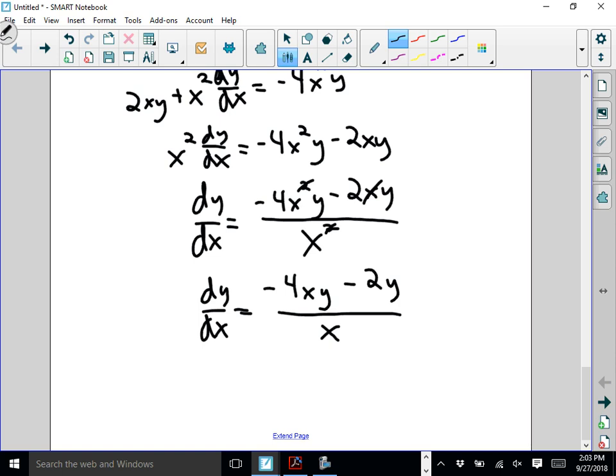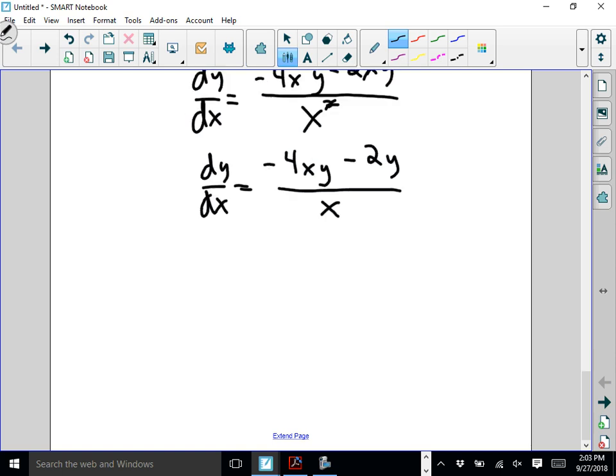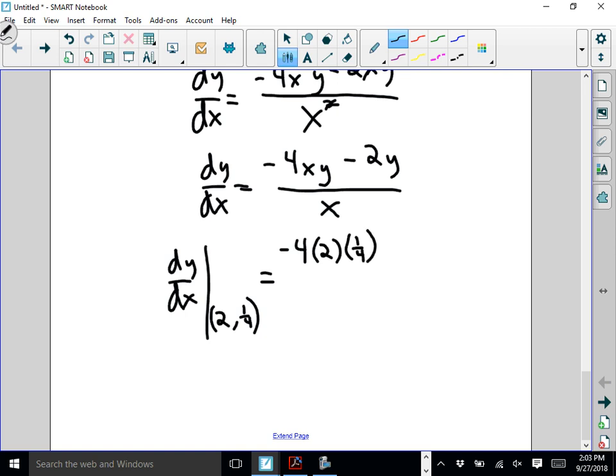Now I just need to plug in my numbers. And again, we're evaluating at the point 2, 1/4. When I do that, I get -4 times 2 times 1/4 minus 2 times 1/4 over 2.